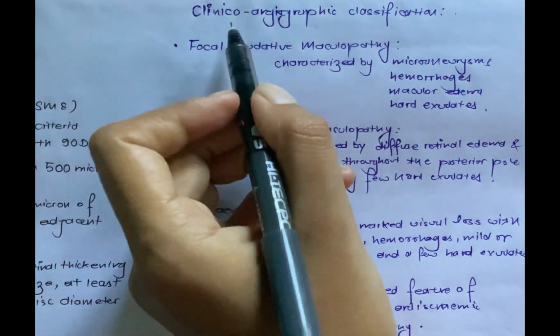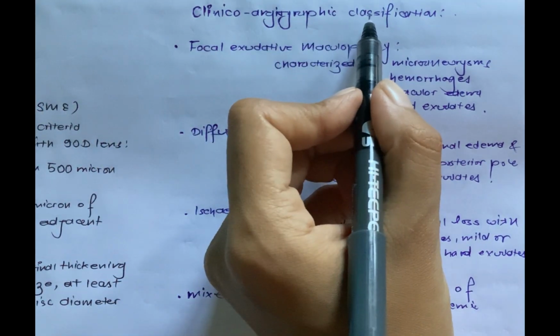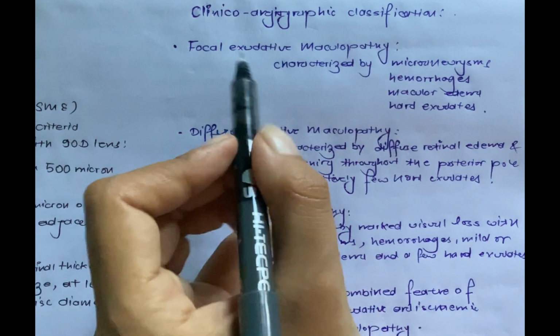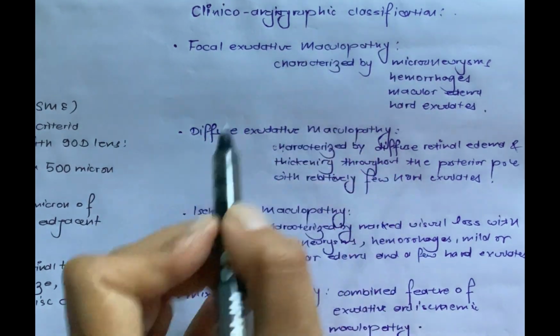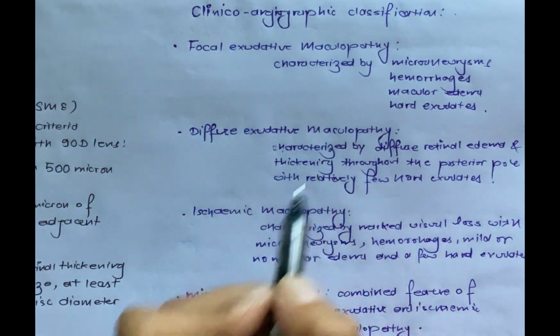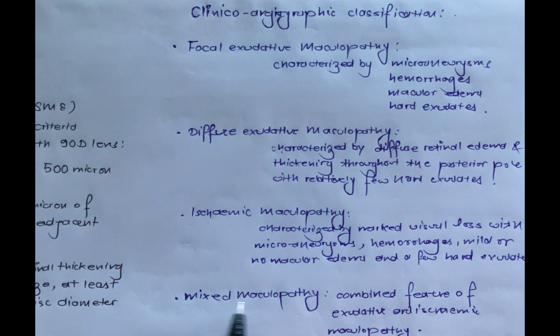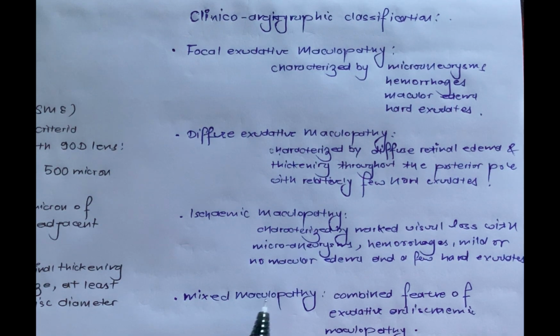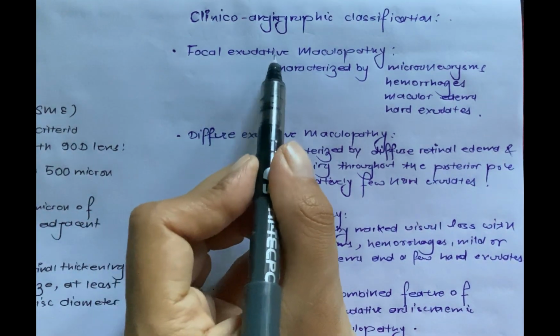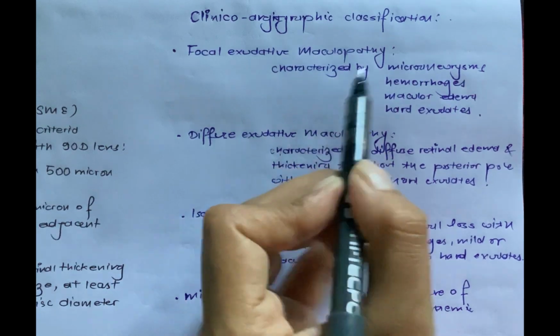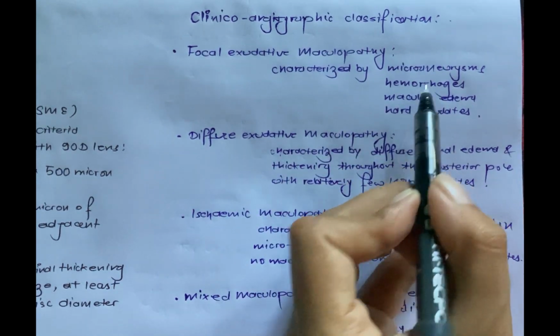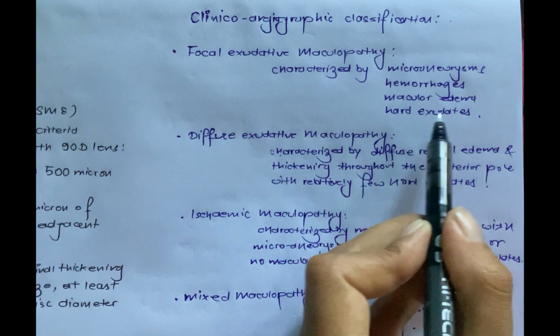Moving on to the clinico-angiographic classification of diabetic maculopathy, there is focal exudative maculopathy, diffuse exudative maculopathy, ischemic maculopathy, and mixed maculopathy. And focal exudative maculopathy is characterized by microaneurysms, hemorrhages, macular edema, and hard exudates.